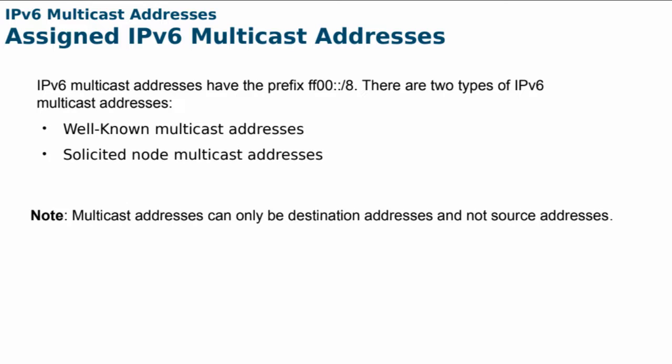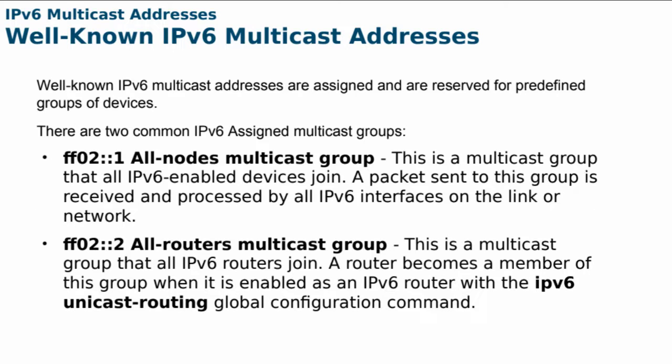Multicast addresses can only be destination addresses and not source addresses, of course. Multicast is to the destination, not a group of people sending at the same time. There is no multicast from source, even with IPv4.